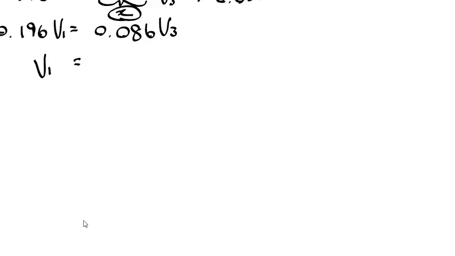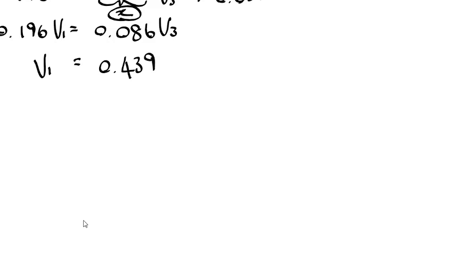You could have stored it again in Y, but I'm just going to use the value I have already on the calculator, and divide by alpha A, which is the area of the first pipe, 0.196, and you should get 0.439 V3.